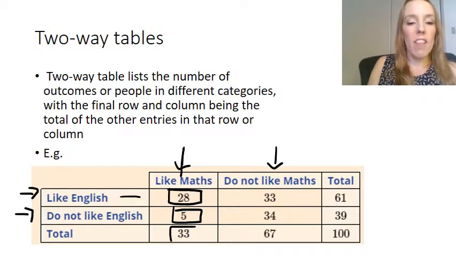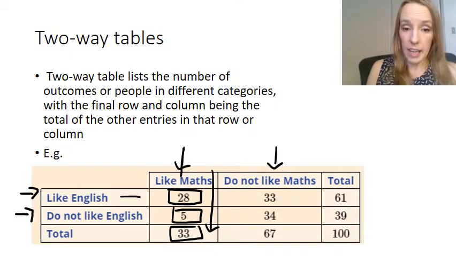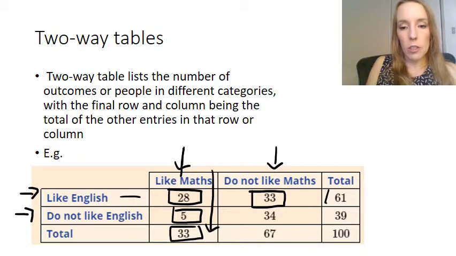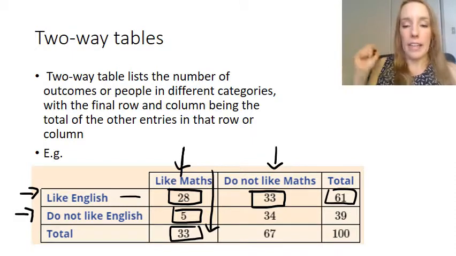And then our total at the bottom, 33, is our total for liking maths, because if we follow that down, it's just our total for liking maths. So 33 in total. The 33 here, they fall in the do not like maths column, but they like English row. So 33 like English, don't like maths. And this total is the total who like English, because it's only in that row. So 61 of them like English.